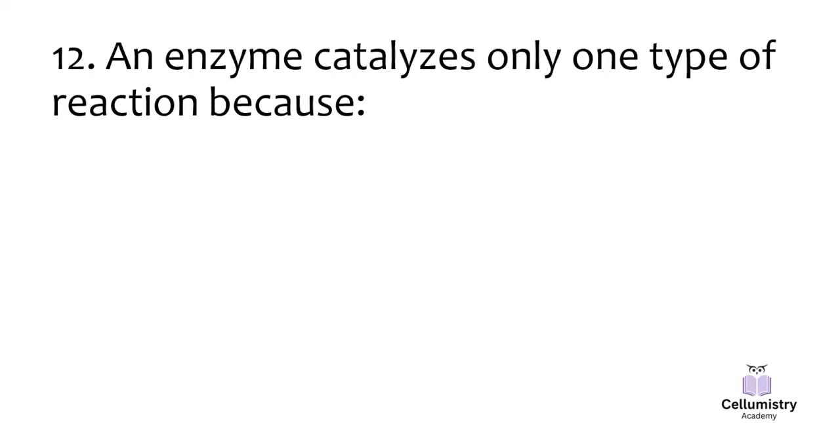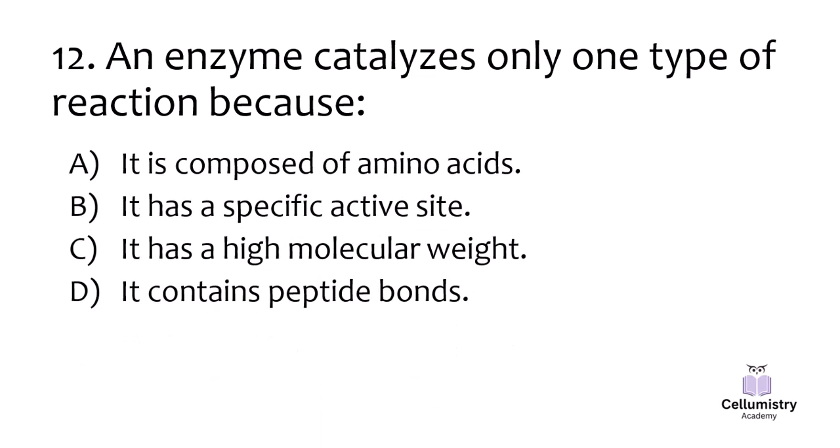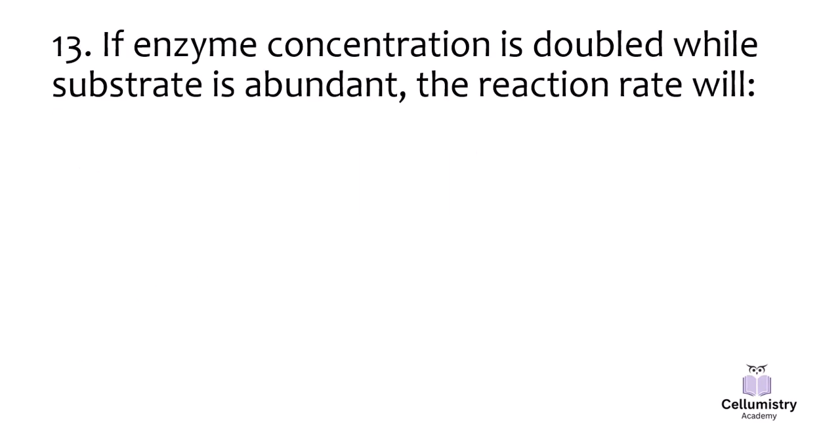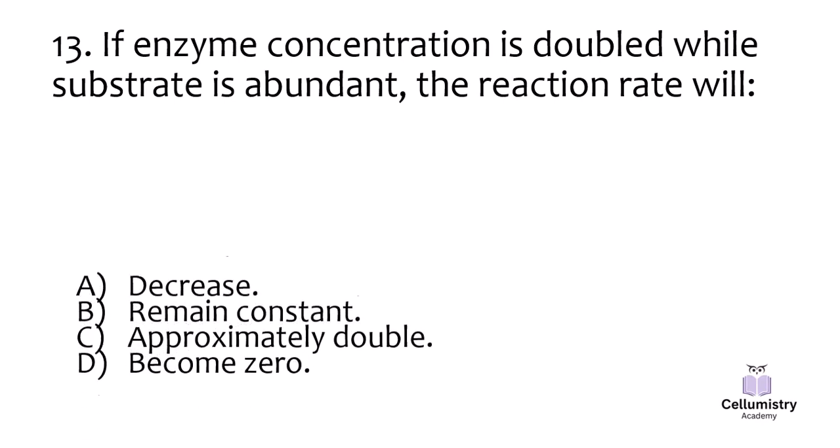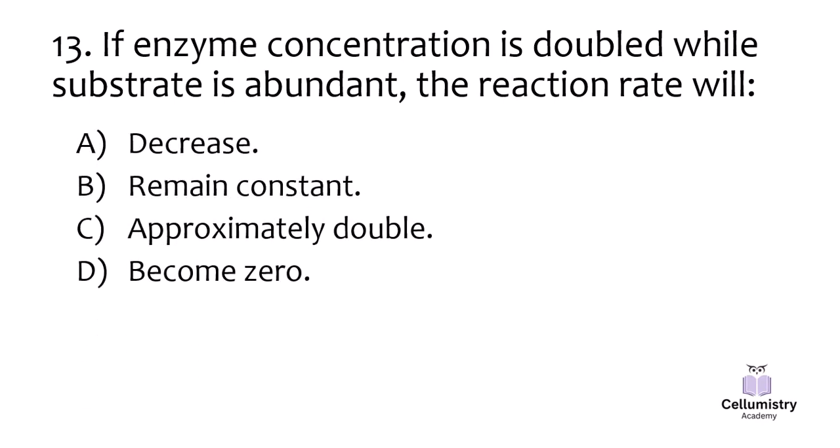An enzyme catalyzes only one type of reaction because... Answer is B. It has specific active site. If enzyme concentration is doubled while substrate is abundant, the reaction rate will... Answer is C. Approximately doubled.